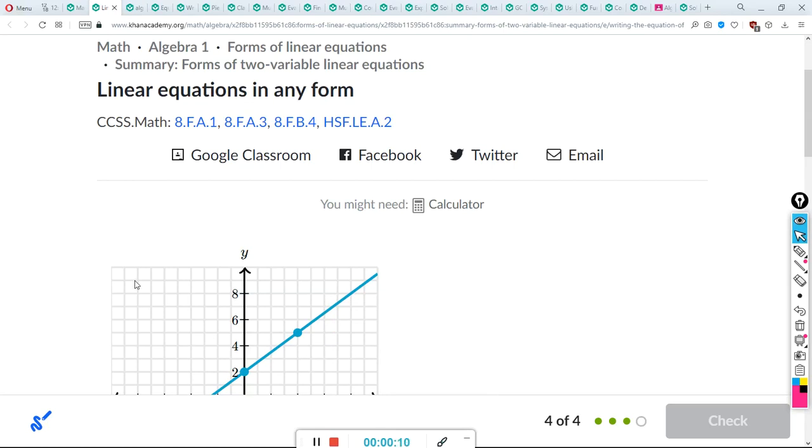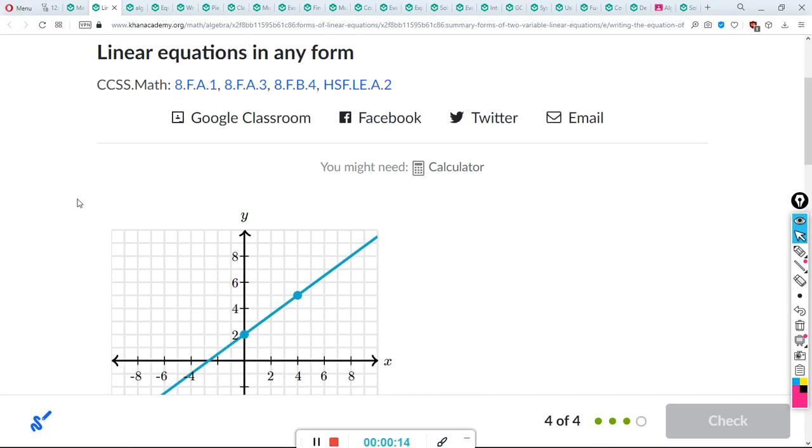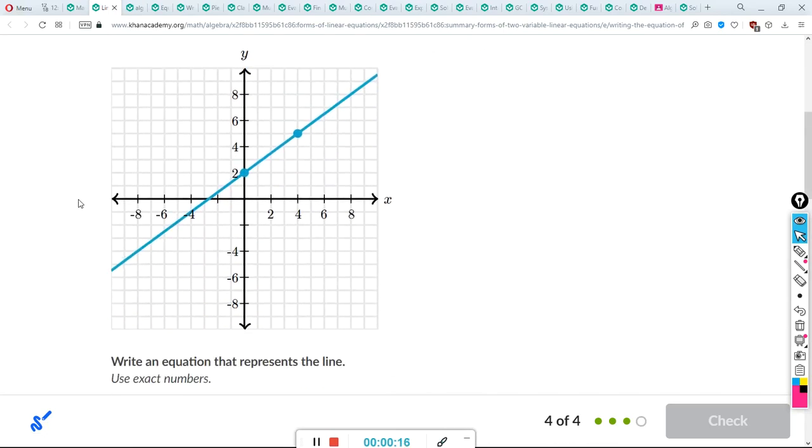Alright, this will be for the assignment, linear equations in any form. So we learned two different line equations. We learned y equals mx plus b, and that is slope-intercept form.